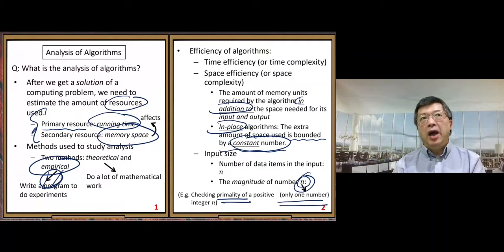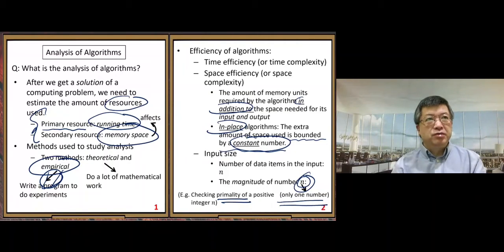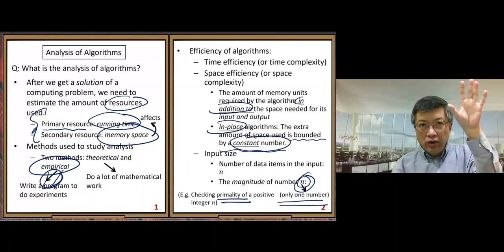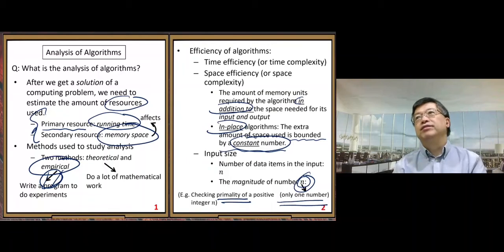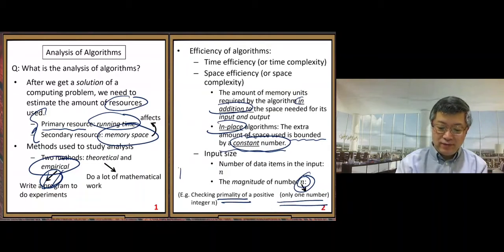Another piece of evidence showing it is hard is the current internet data encryption algorithm, the RSA algorithm. Some of you may have heard of that.